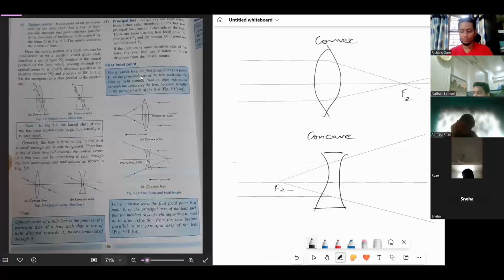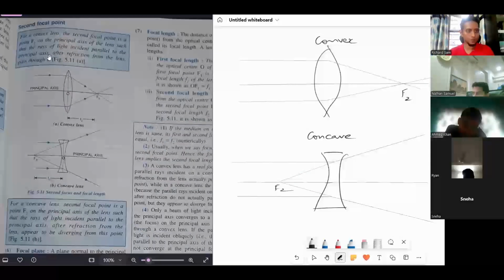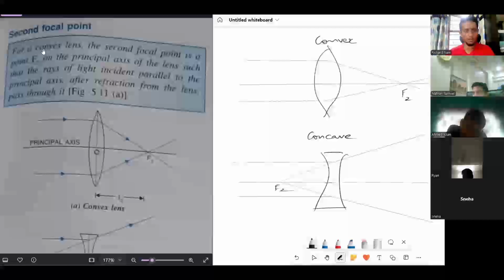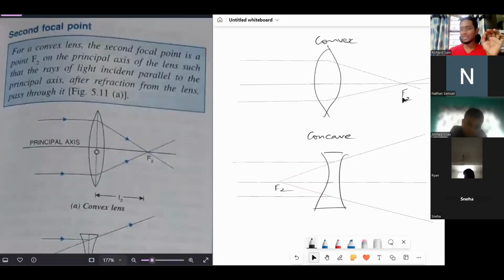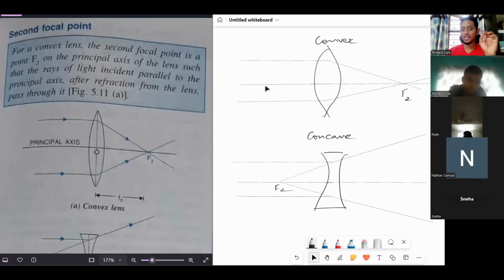Okay, let's read the definition for F2. You have two definitions, one for convex, one for concave. For a convex lens, it's called the second focal point. The second focal point is the point F2 on the principal axis of the lens, such that the rays of light incident parallel to the principal axis, after refraction from the lens, pass through it.